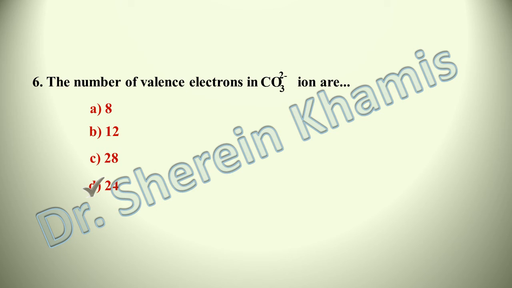We have 12. 12 times 4, we have 24. 12 here in the oxygen atom. 3 times 2, as we said, it's a divalent, giving 6. 6, and we have here 4 tetravalent from the carbon. 6 times 4 equal 24. So the number of valence electrons in the ion, here we have 24 electrons. Okay, let's go to another question.